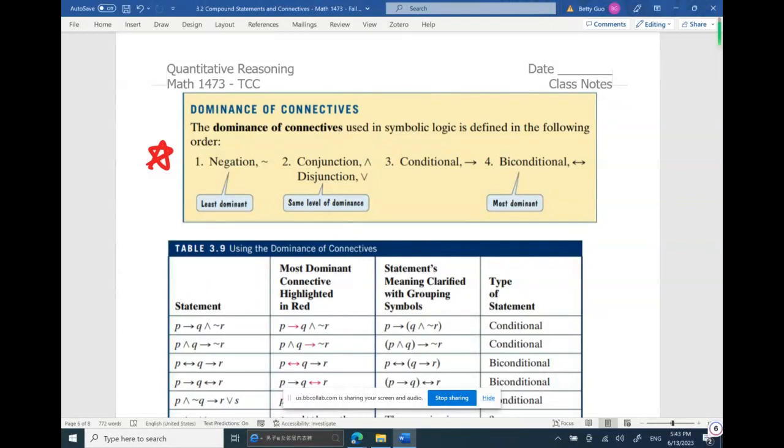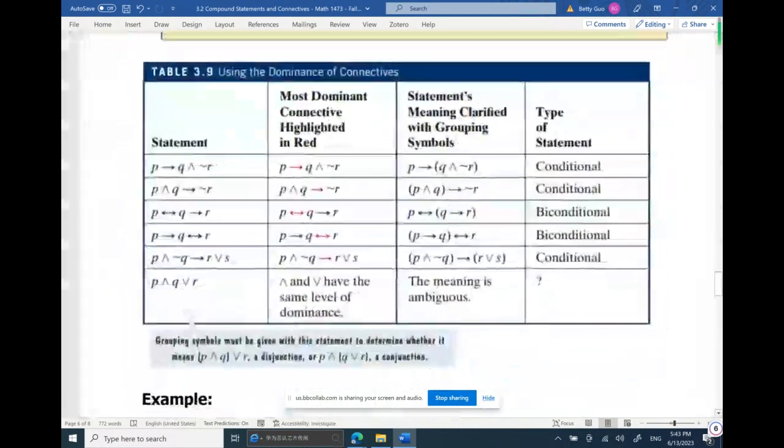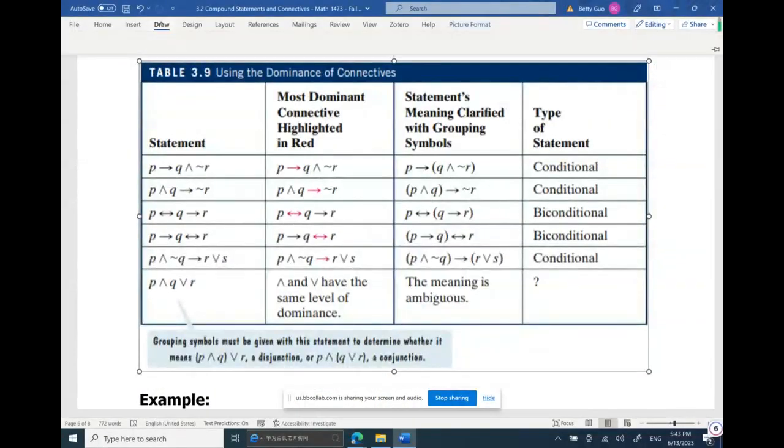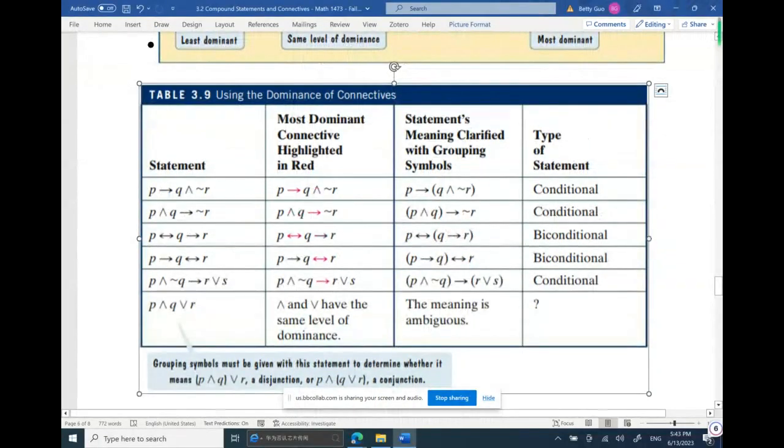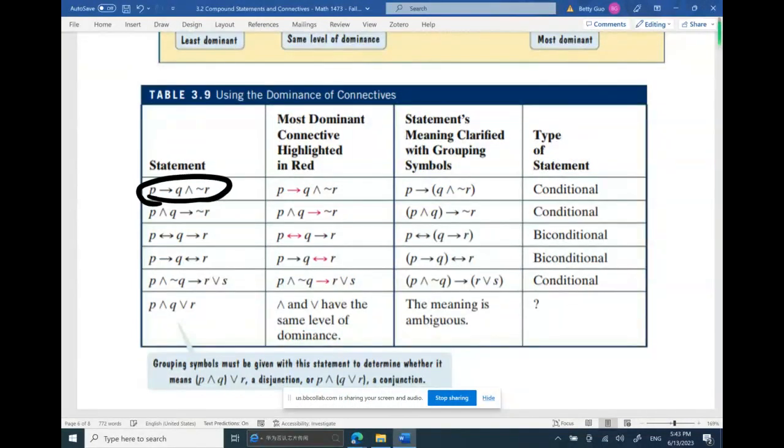How do we apply the dominance of connectives? If you see, for example, this statement, it has a conditional, it has a conjunction, it has a negation.